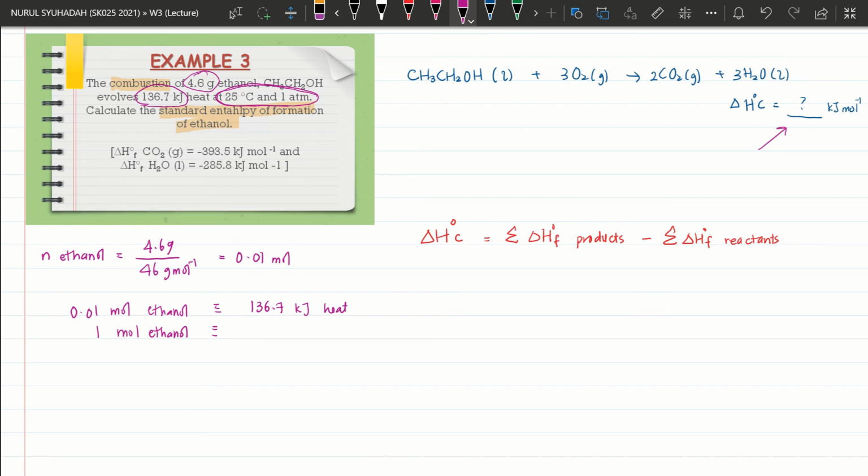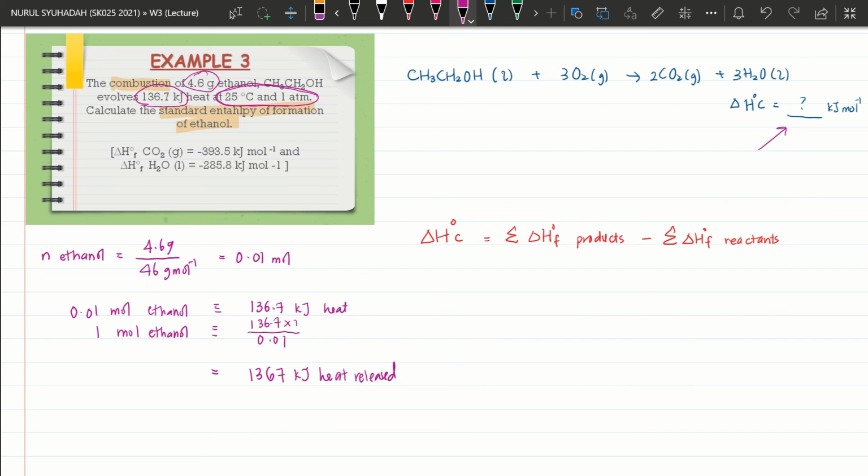Okay, so 136.7 times 1 over 0.1. So the amount of energy release when 1 mole of ethanol is burned is 1,367 kilojoule heat. Okay, heat released.